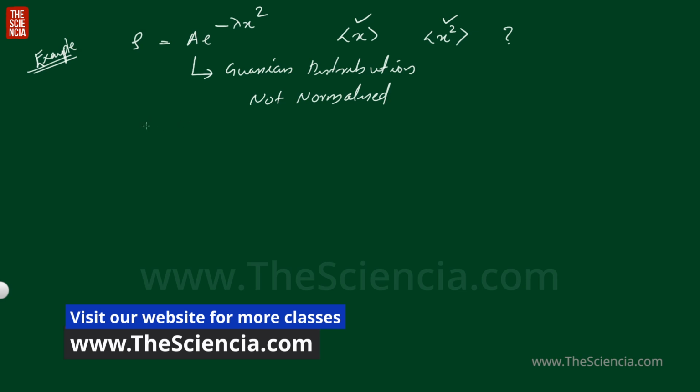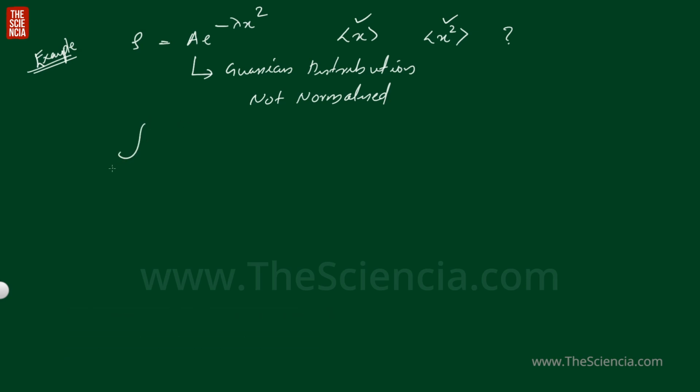How can we normalize? What is the normalization condition? We have to integrate a e raised to minus lambda x squared dx from minus infinity to infinity, and it should be equal to 1. I already told you a trick to find the value of this integral.